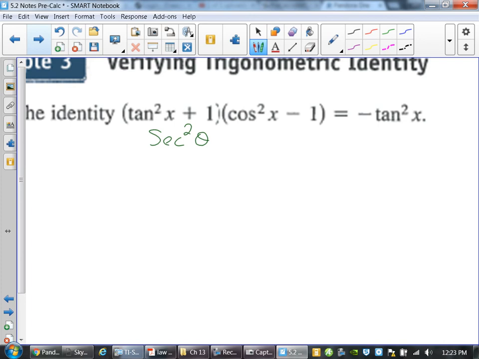Negative sine squared, right? On the next one here, you have to be careful because the actual identity 1 minus cosine squared gets you sine squared. But in this case, you have to take out the -1 to start with. So you take out a -1, and then you can have 1 minus cosine squared.